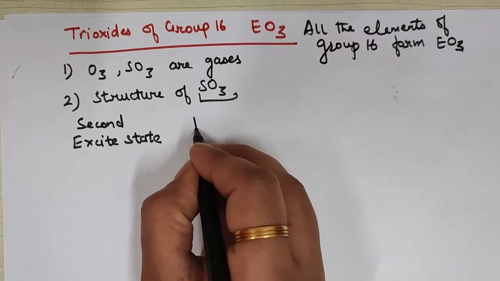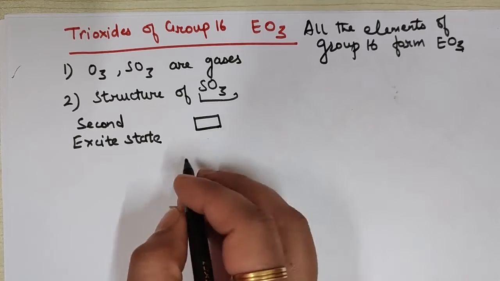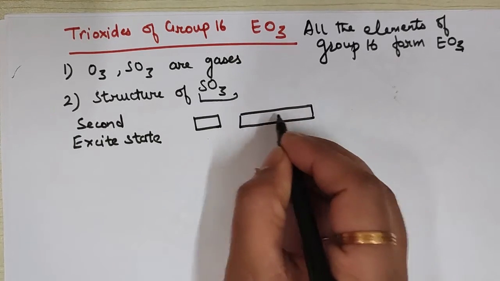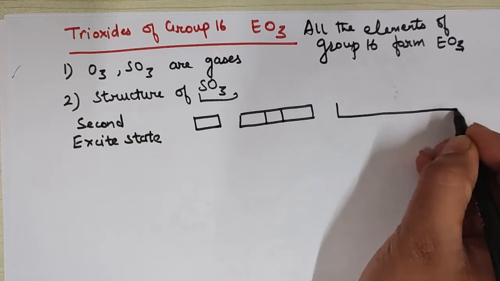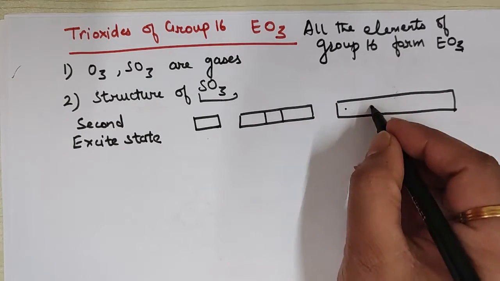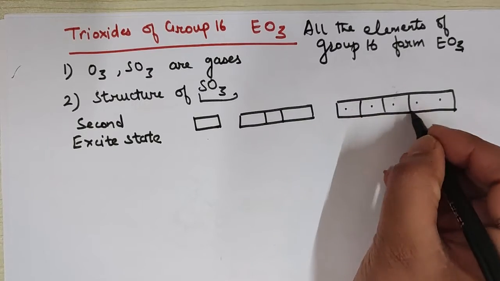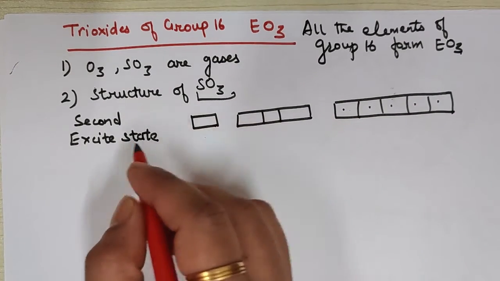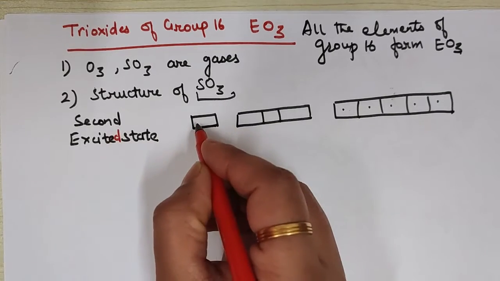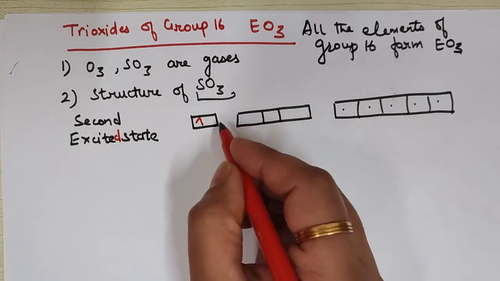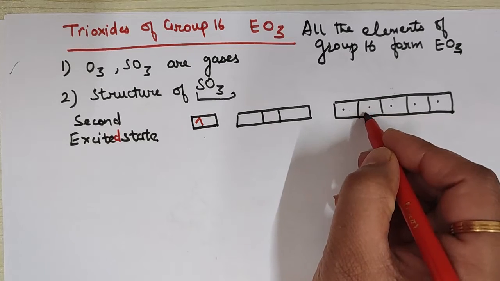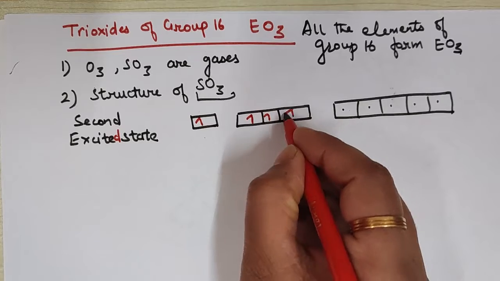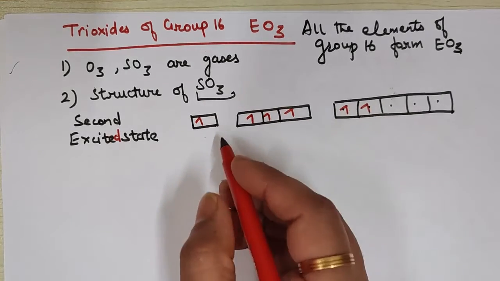So here we will have this is s orbital, then p orbital, and then d orbital, in this way. Because it is in second excited state, now one electron from this will also move on to a higher energy level, that is the d orbital. So in this way we will get unpaired electrons.